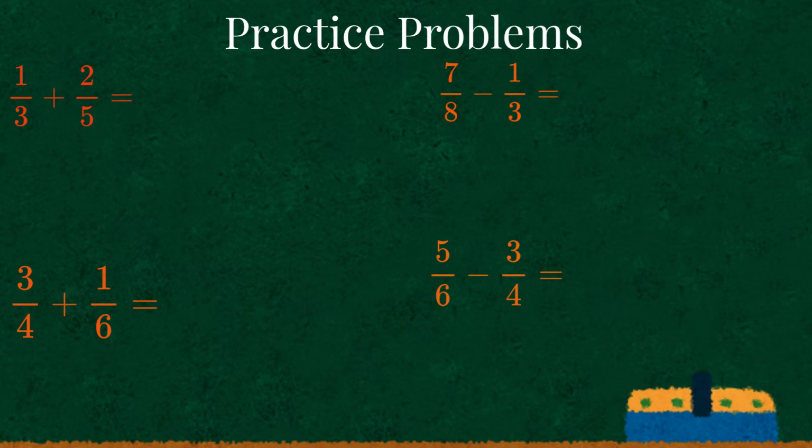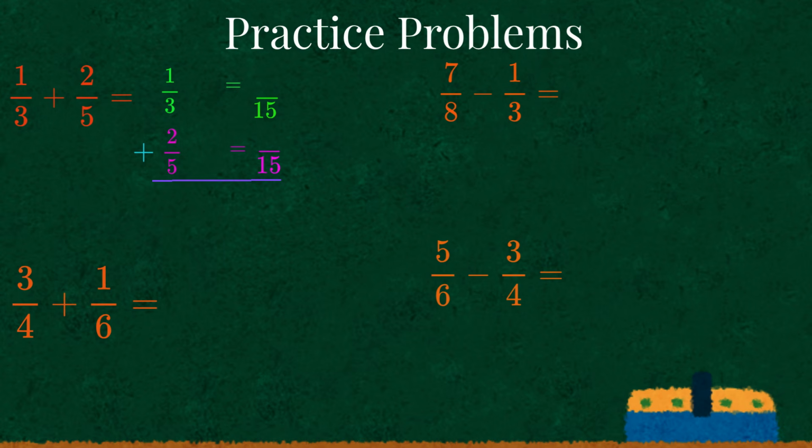Now let's try some practice problems with different denominators. So for our first problem, we have 1/3 plus 2/5. Well, 1/3 and 2/5 have different denominators. So we must find a common denominator between 3 and 5. Well, the lowest common multiple between 3 and 5 is 15.